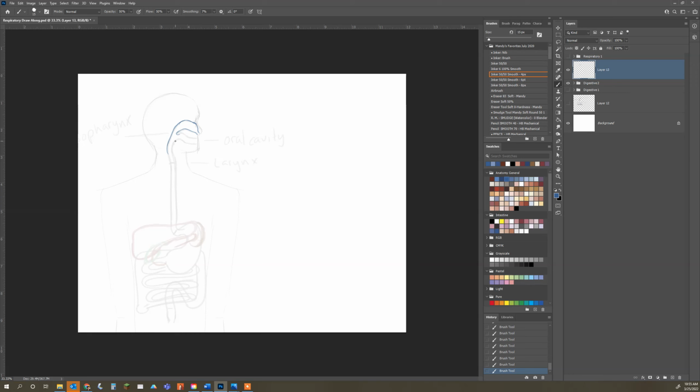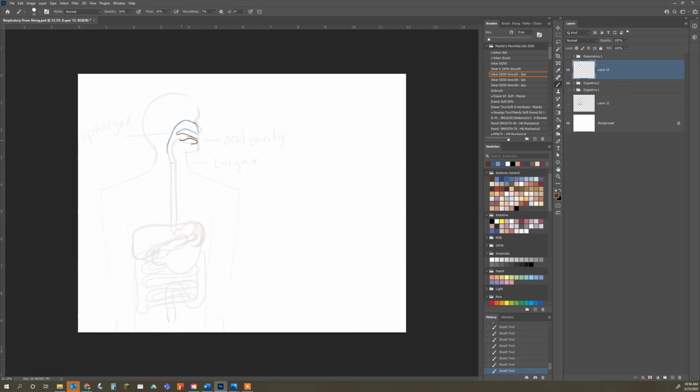Then we have this area called the oral cavity. I'm going to change the color slightly. The oral cavity is your mouth, and we're going to include the tongue in this drawing to give us an idea of where we're at. And this is the roof of your mouth, the hard palate and the soft palate.